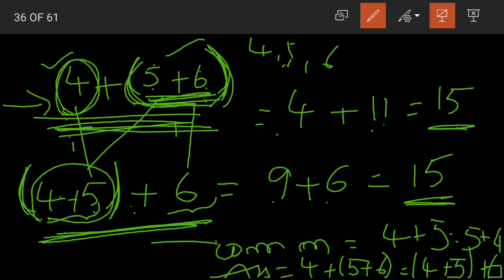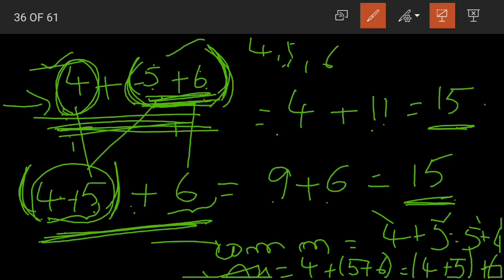Understood children? This is the main difference between commutative and associative property. In commutative we have only two numbers and their order is changed. In associative we have three numbers and their groups are changed. No matter how the groups are changed, the resulting sum is the same.